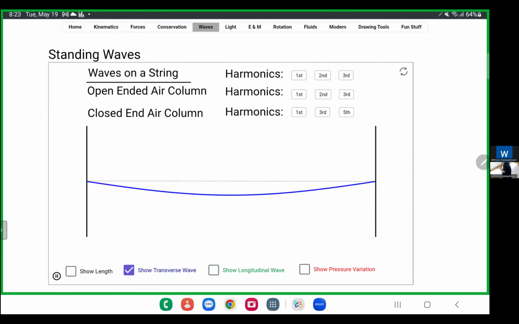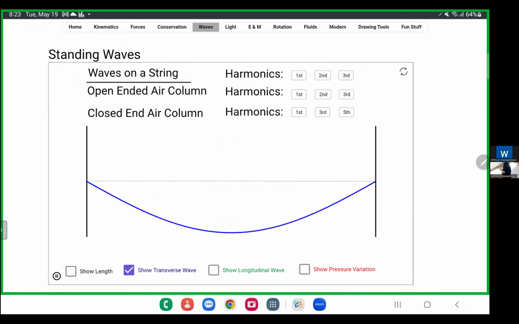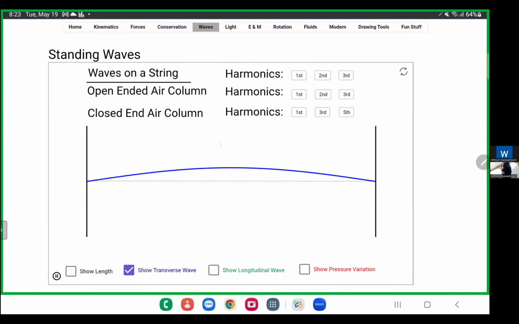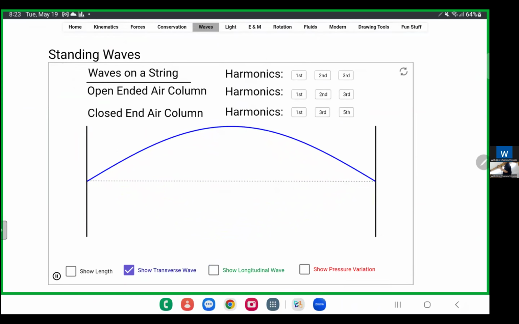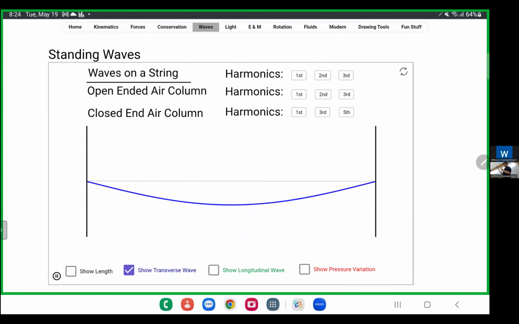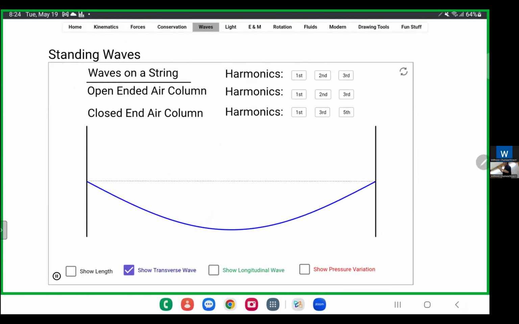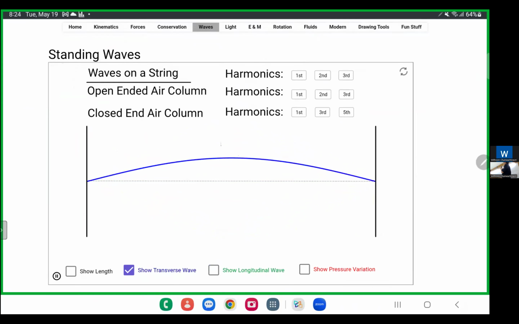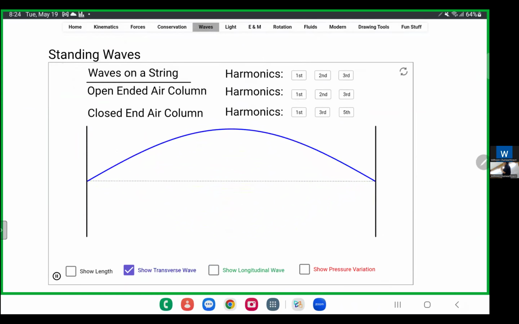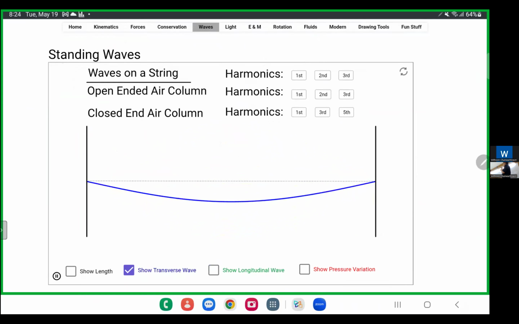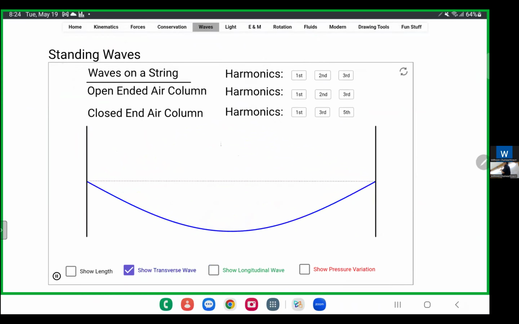Make sense? So that's why for this particular setup, the left end and the right end of the string are going to be nodes at all times. You guys with me a little bit? Yeah. And the rest is just okay because you have to follow this restriction. You have to go from a node to another node to complete one full description of a wave.